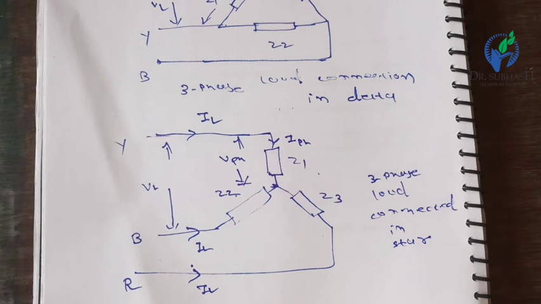These are the two major advantages of the three phase system over the single phase system. First of all, there is more power per kilogram of metal from a three-phase machine, which means less metal is required to transmit more power.